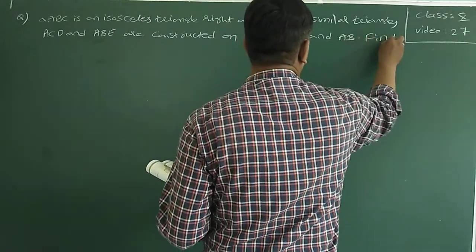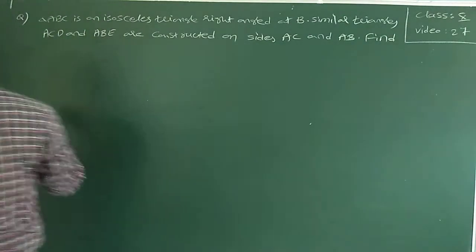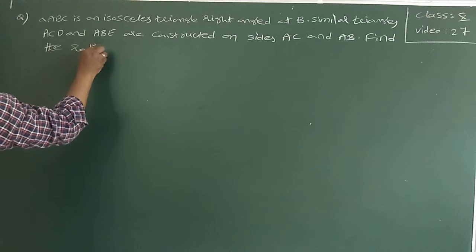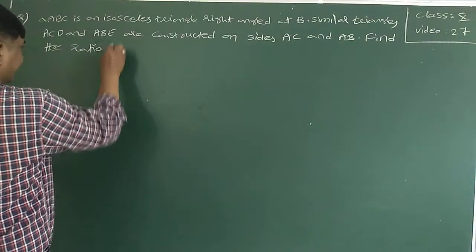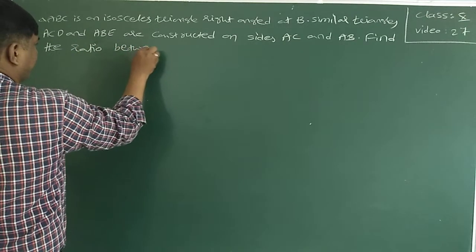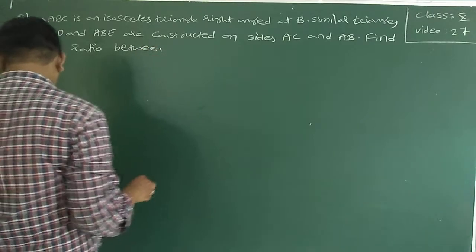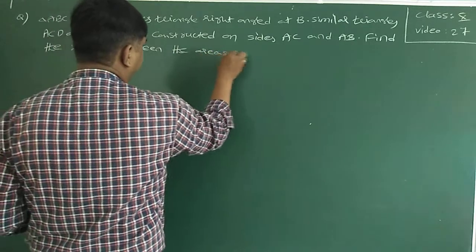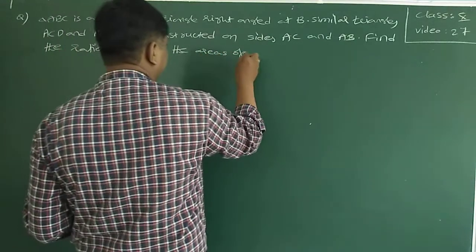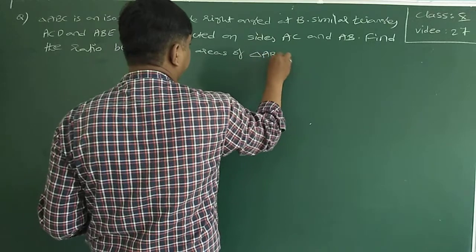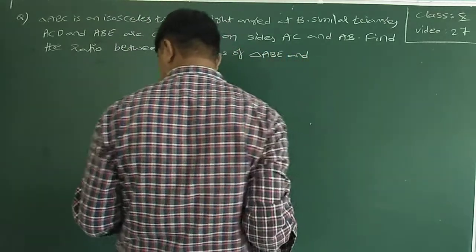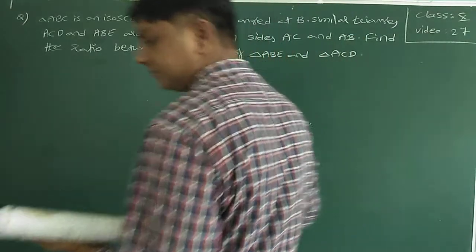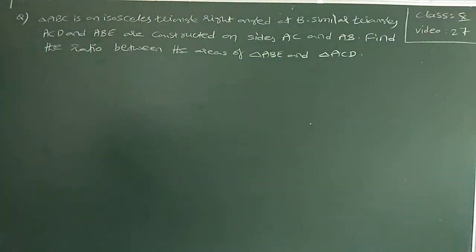Find the ratio between the areas of triangle ABE and triangle ACD. This is the question they gave.